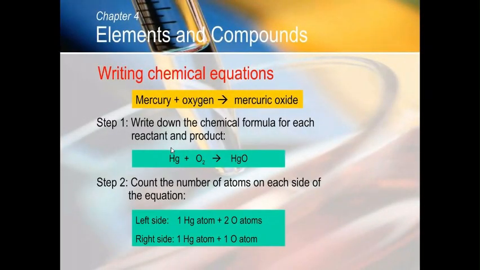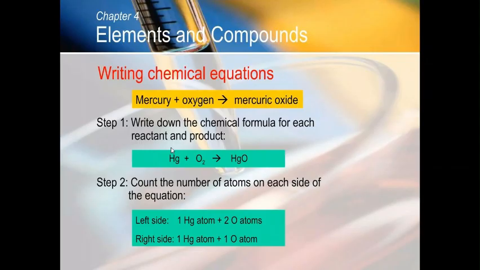So let's look at writing chemical equations. We'll do a step-by-step process. We have mercury plus oxygen, the same example, equals mercury oxide, but how do we get to that point? Step one, write down the chemical formula for each reactant and product. For example, we have Hg plus O2 equals HgO. The next thing you need to do is count the number of atoms on each side of the equation.